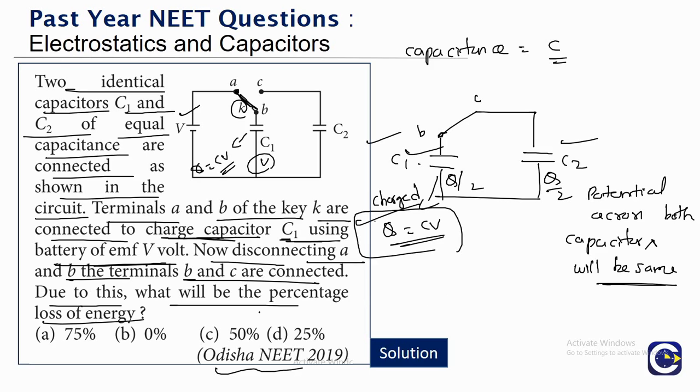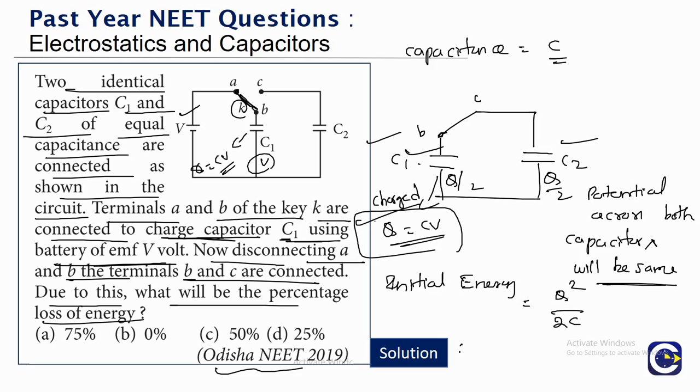Now they are asking what will be the percentage loss of energy. So here, initially only capacitor 1 has energy. What is the energy formula? It has a charge Q, so the energy is Q square by 2C. That is the initial energy.